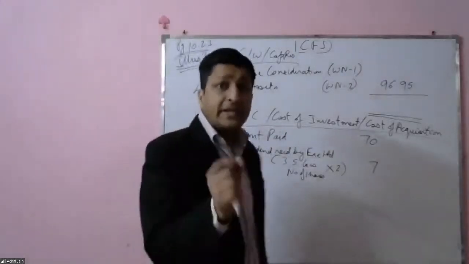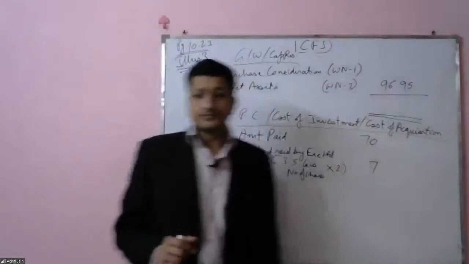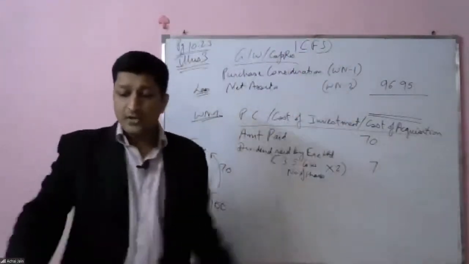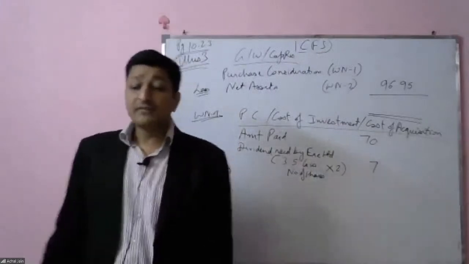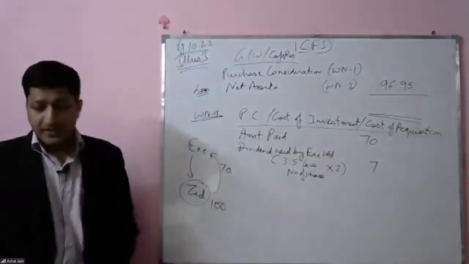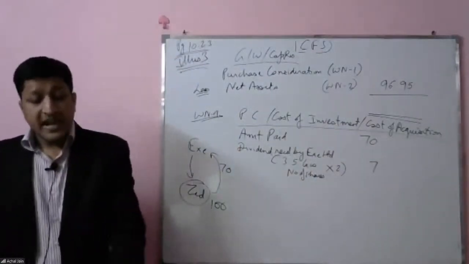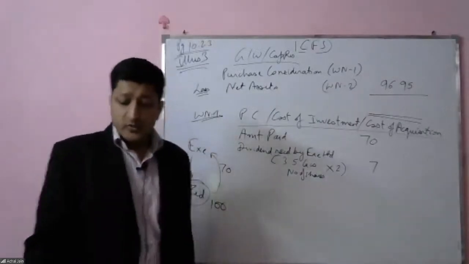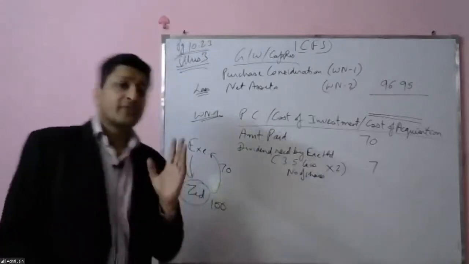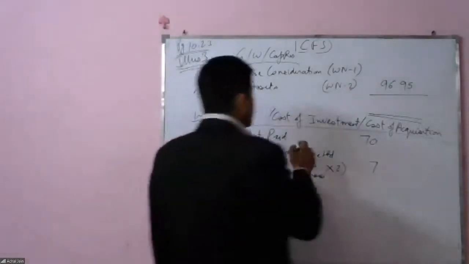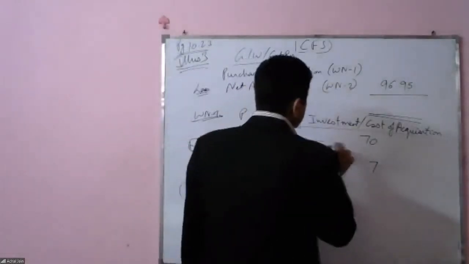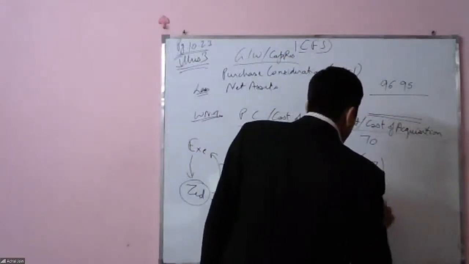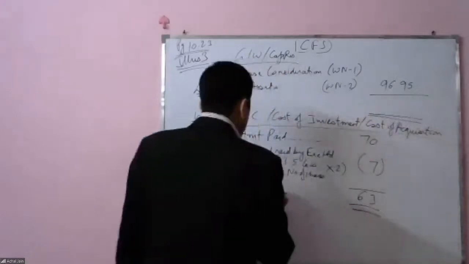And on that very day, dividend has been paid. So that means this dividend belongs to pre-acquisition period. So if the dividend belongs to pre-acquisition period, as per the accounting principle, it needs to be reduced from the cost of investment. What's the cost of investment? This is the cost of investment. So dividend needs to be reduced from this.